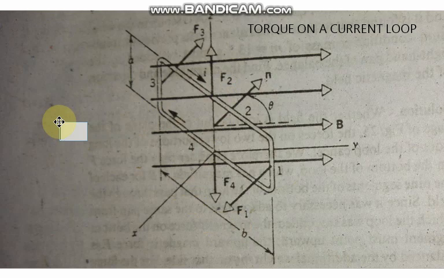Since this is side 2, we will indicate it by F2, and this F2 will be equal to I L B sine of the angle theta between L and B for this side.